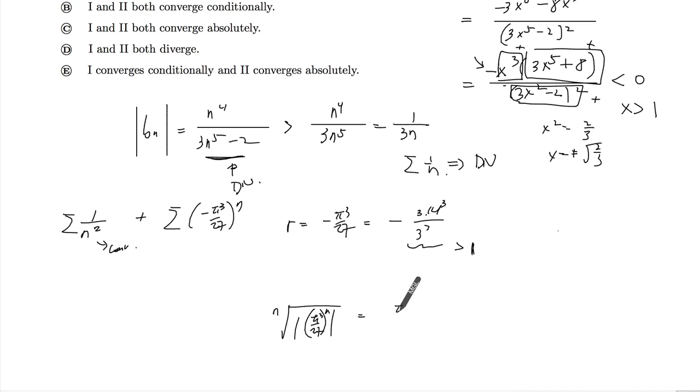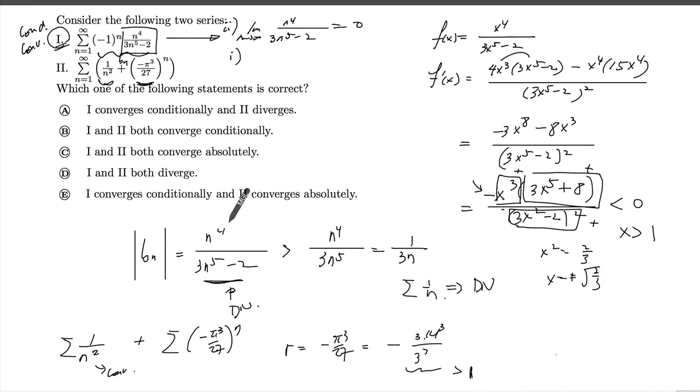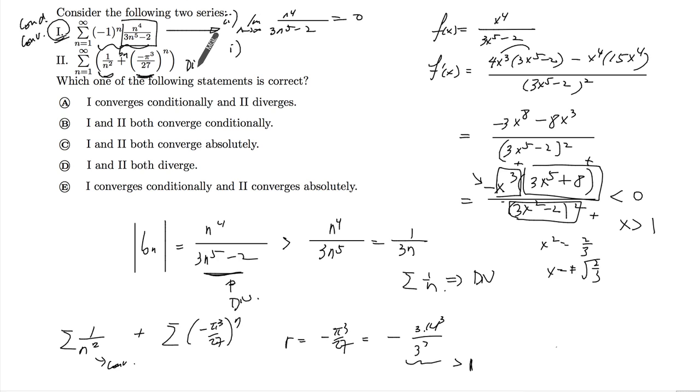So we just get pi cubed over 27. This is equal to L, and it's greater than 1. Therefore, it's divergent. So we have a convergent plus a divergent, so this is divergent. All right, so let's look at the multiple choice. It's A, the first one.